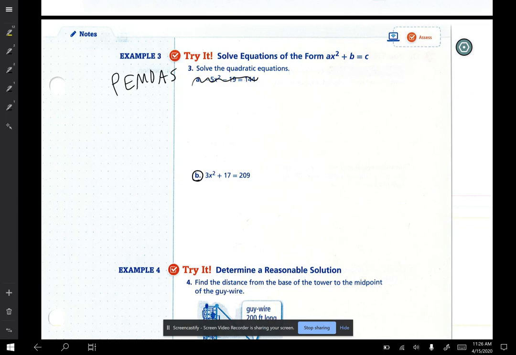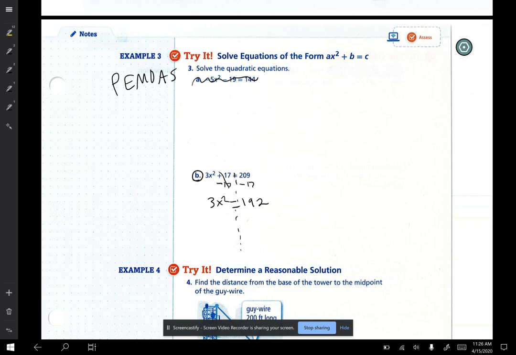I first look for addition and subtraction. I see plus 17. So when I'm solving this kind of problem, I need to get rid of the plus 17 first, and I'm going to do that by subtracting. So minus 17 on both sides, and I'm left with 3x squared is now equal to 192.